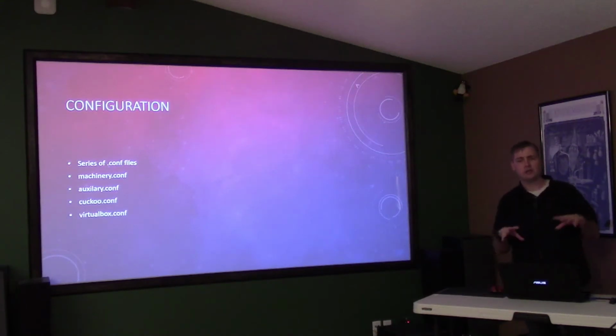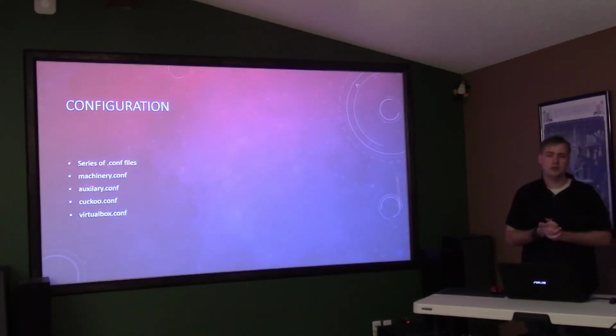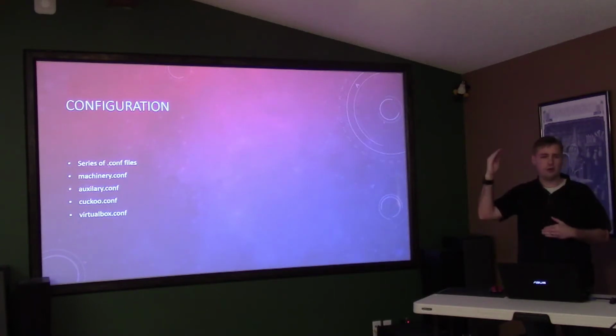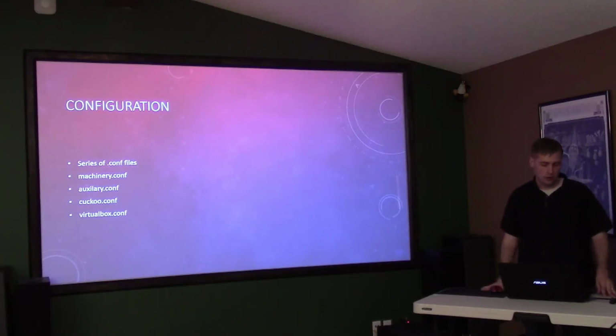Configuration: once you get Cuckoo installed on the machine, everything is configured with a series of conf files. So you can program all your different machines and how they run inside of Cuckoo, which machines we can go to. You can tweak all the settings inside the different conf files.